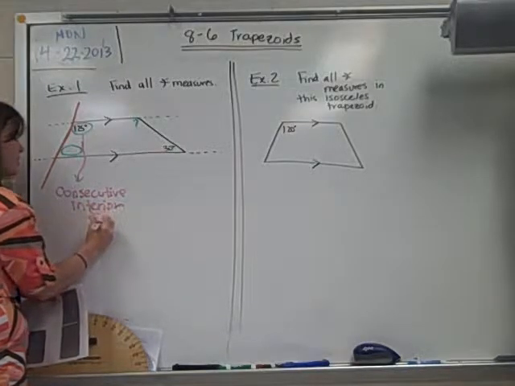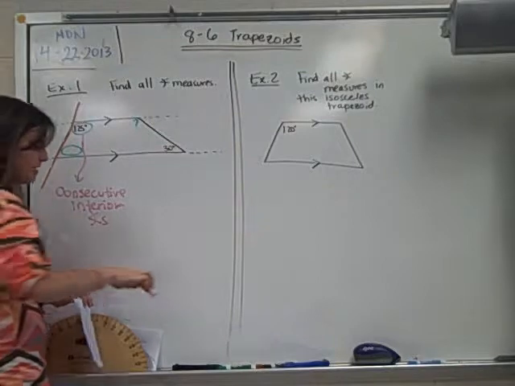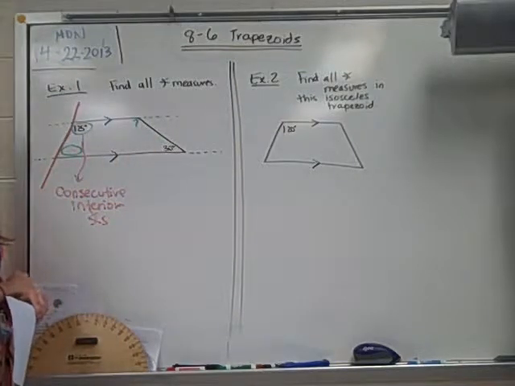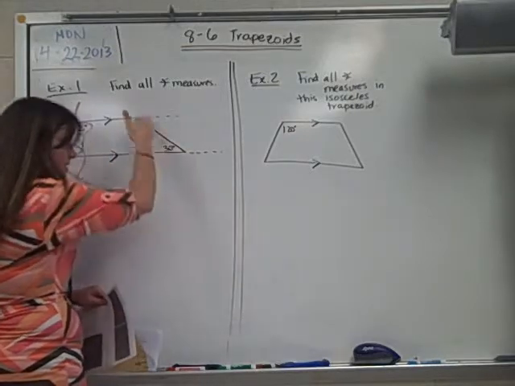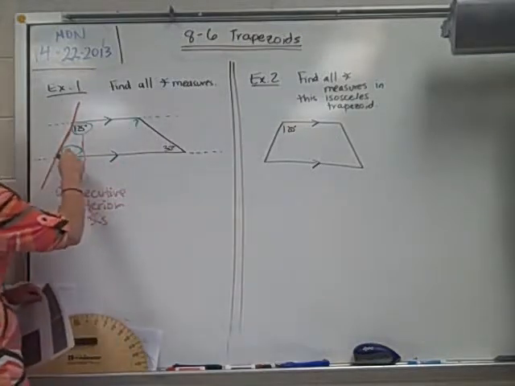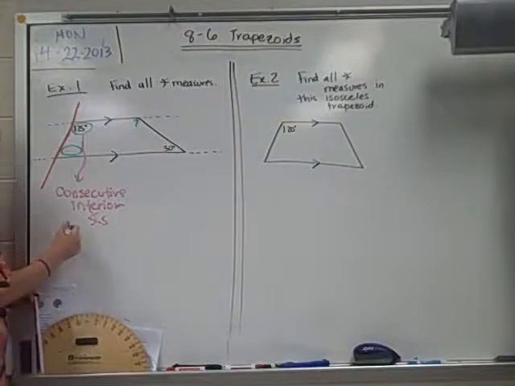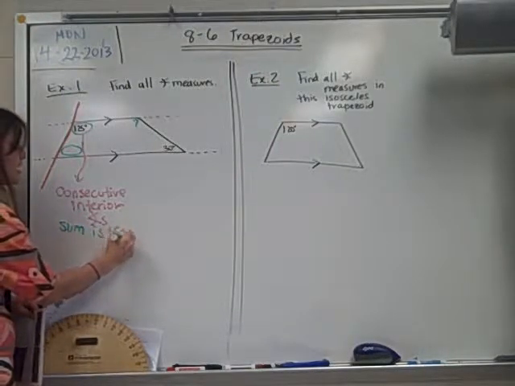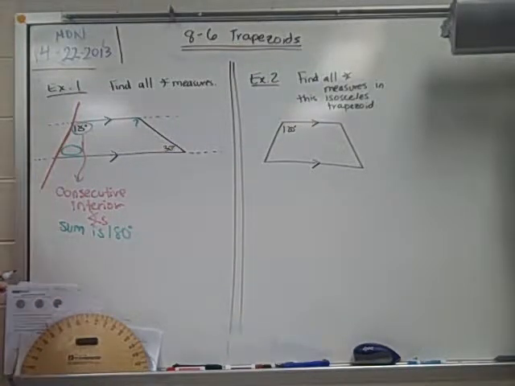We talked about them with parallelograms, because parallelograms have lots of consecutive interior angles. Trapezoids also have consecutive interior angles. Here's a pair. We'll talk about the other pair. There's another pair over here. But let's go ahead and solve this for this angle down here. So what do we know about consecutive interior angles? The sum is always going to be 180. In other words, they are supplementary.